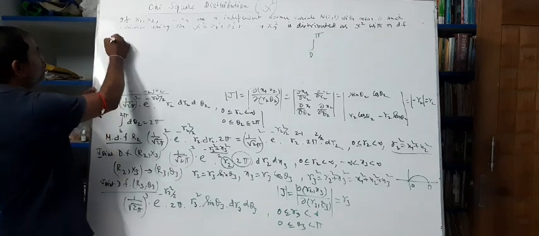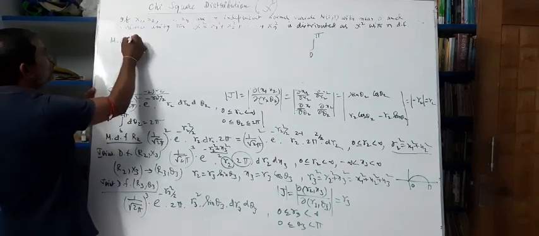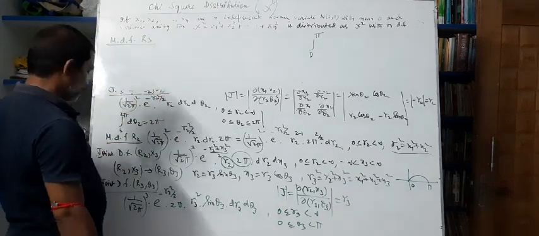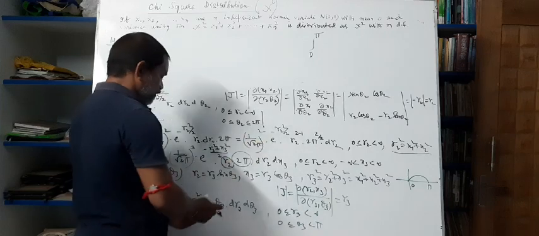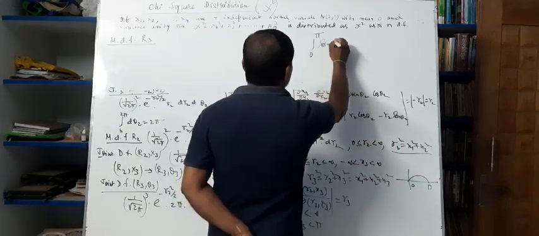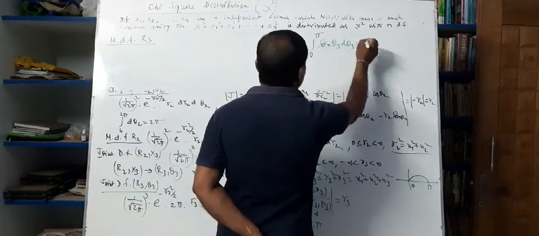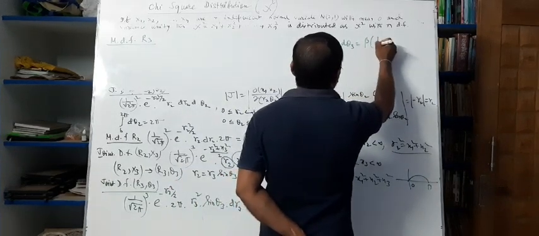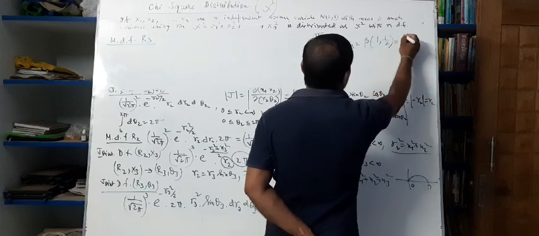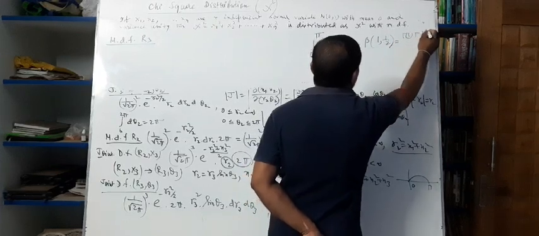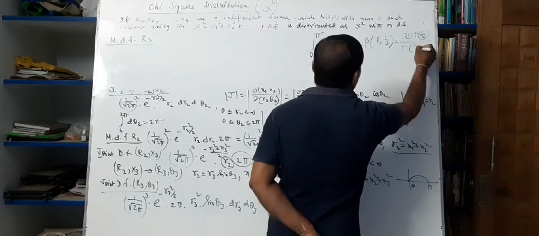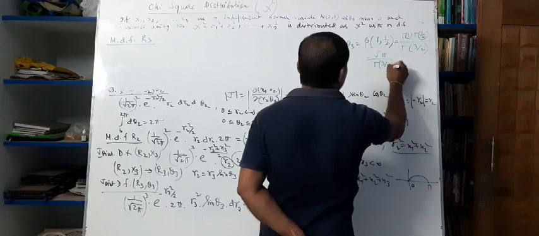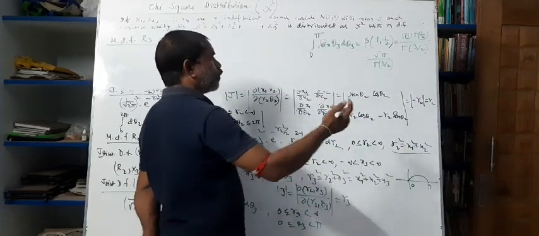So the marginal distribution function of R3 can be written as follows. To write this, we first find the integral 0 to pi of sine of theta 3 d of theta 3, that is equal to beta of 1 comma half, that is equal to gamma 1 gamma half divided by gamma of 3 by 2, that is equal to root over 2 pi divided by gamma of 3 by 2.